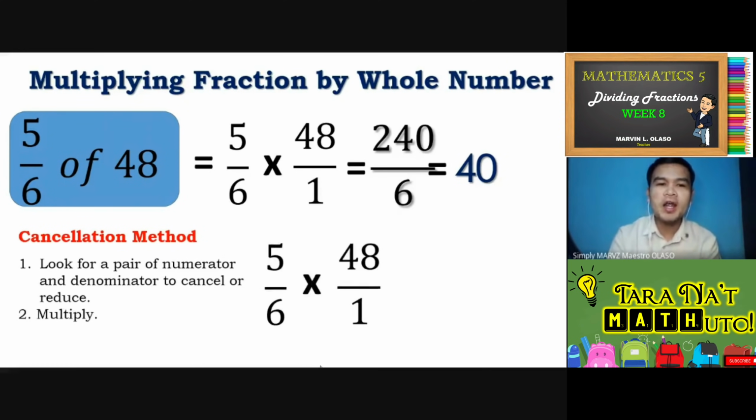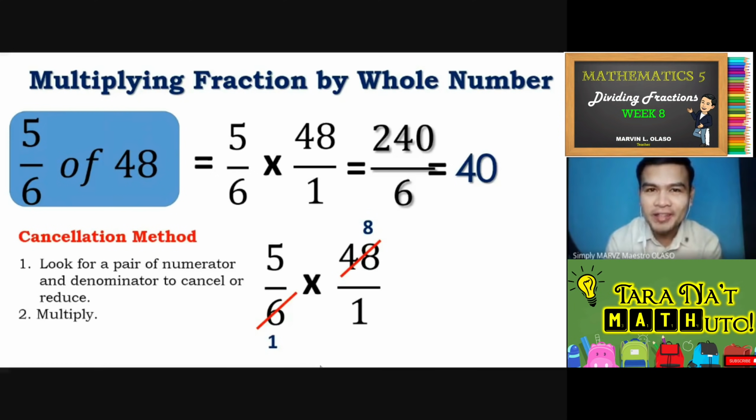Look for a pair of numerator and denominator to cancel or reduce. Meron ba tayong pwedeng i-cancel? Yes, we have 6 and 48. Ano ang pwede nating i-divide? It should be the greatest common factor. Yes, we have 48 divided by 6 equals 8. 6 divided by 6 equals 1. That's correct.